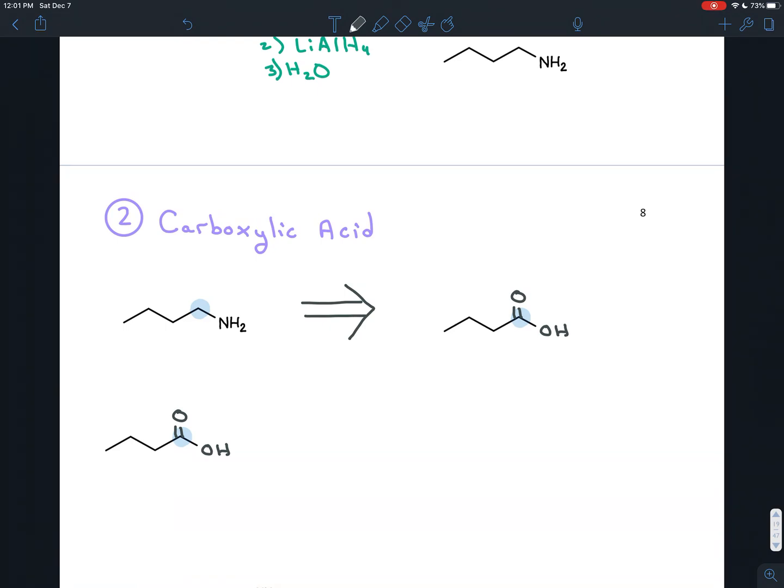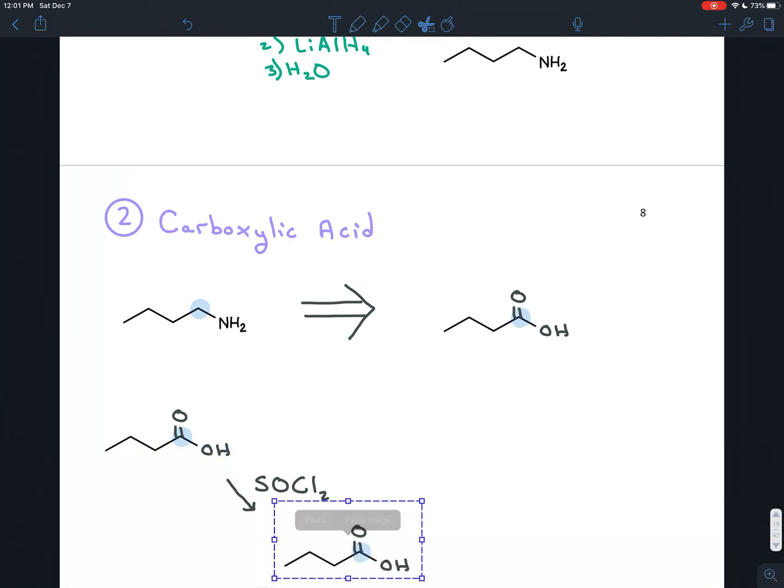And so the first step for that would be using thionyl chloride, SOCl2, to turn this into an acid chloride. So that would replace the OH with a Cl, as we've discussed in previous chapters.